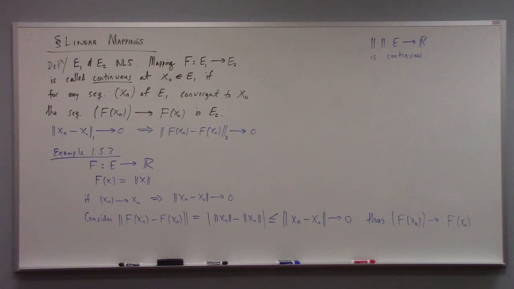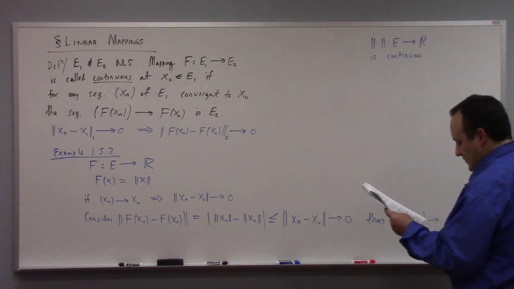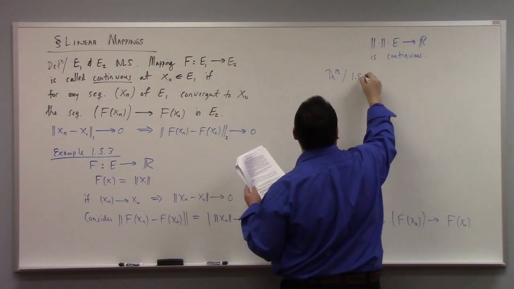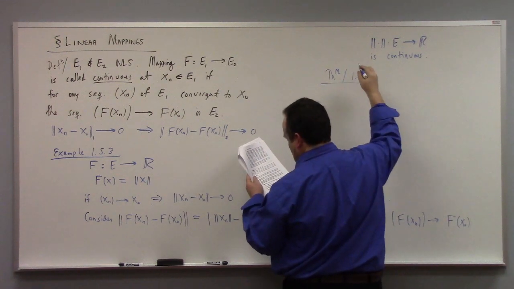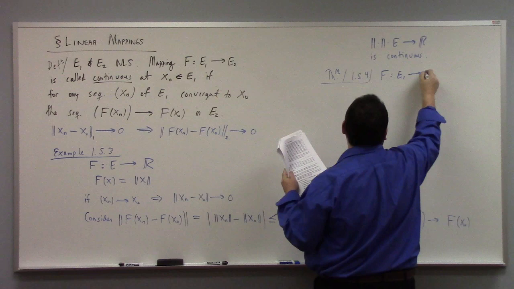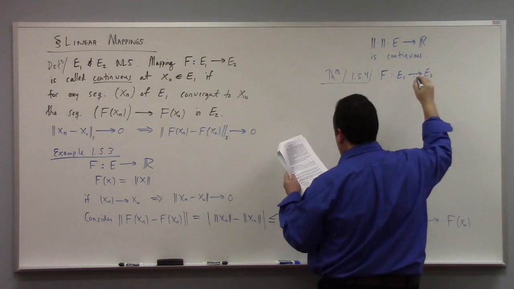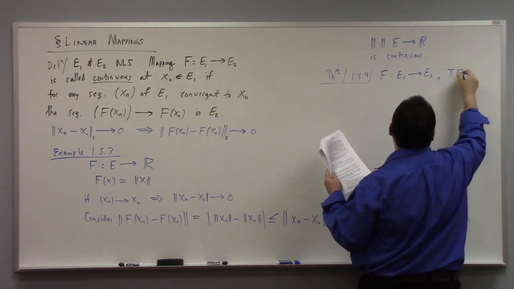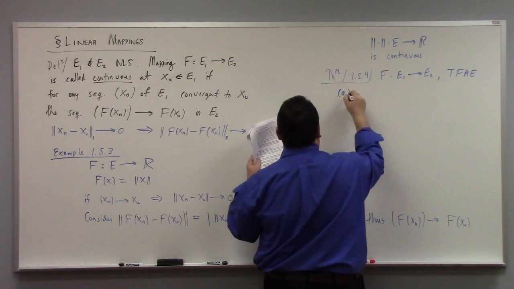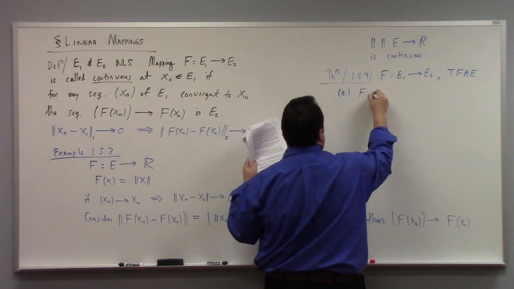But sorry, I digress. And then theorem 1.5.4, it says, you've got a mapping F from E1 to E2. All right. Then the following are equivalent. A, F is continuous.